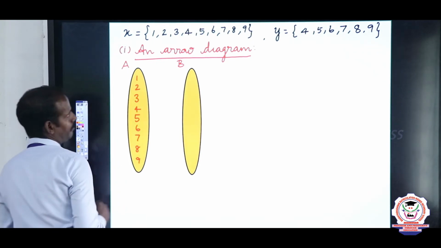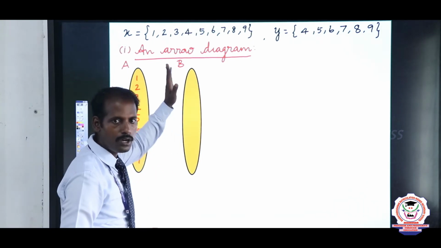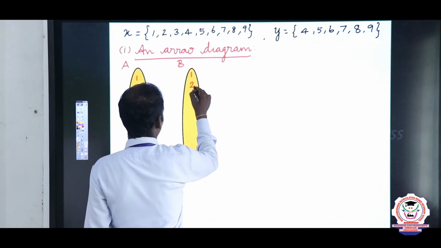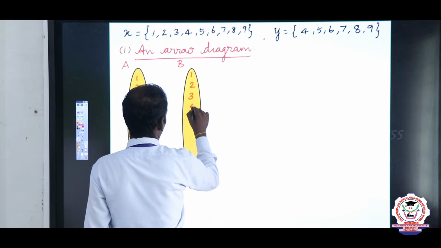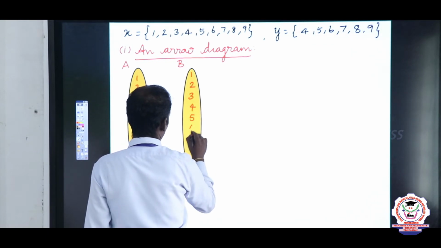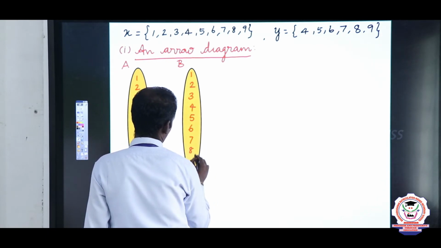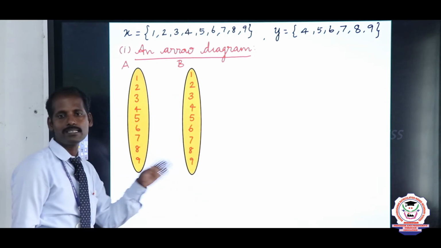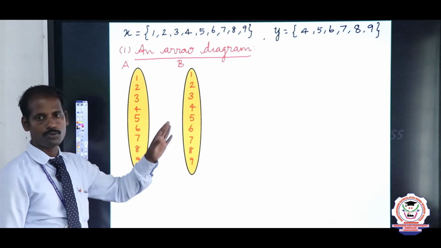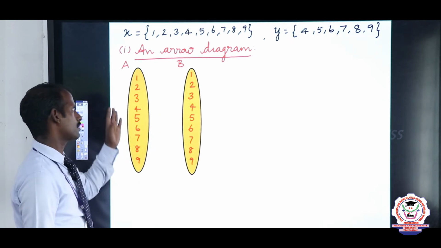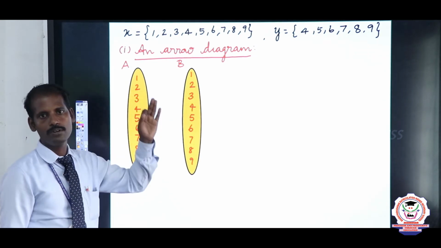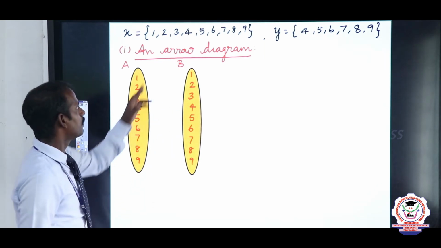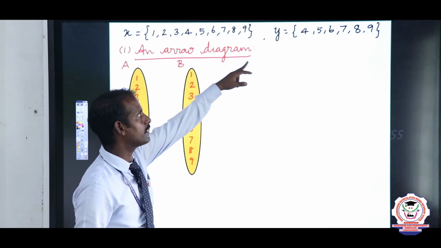Then the second, B set, is also 1 2 up to 9. So here the A set is called the domain, the B set is called the codomain. All the elements of the A set relate to some number. Here, substituting 1, we will get 4.